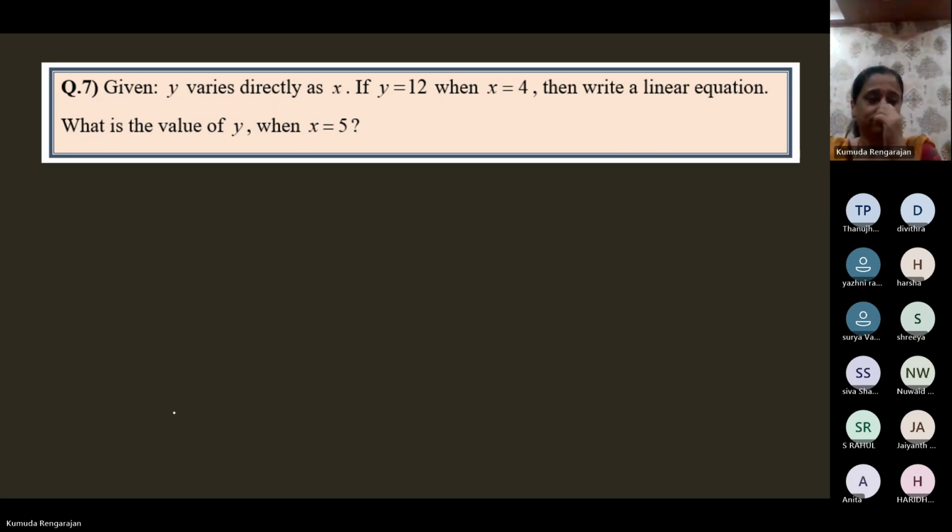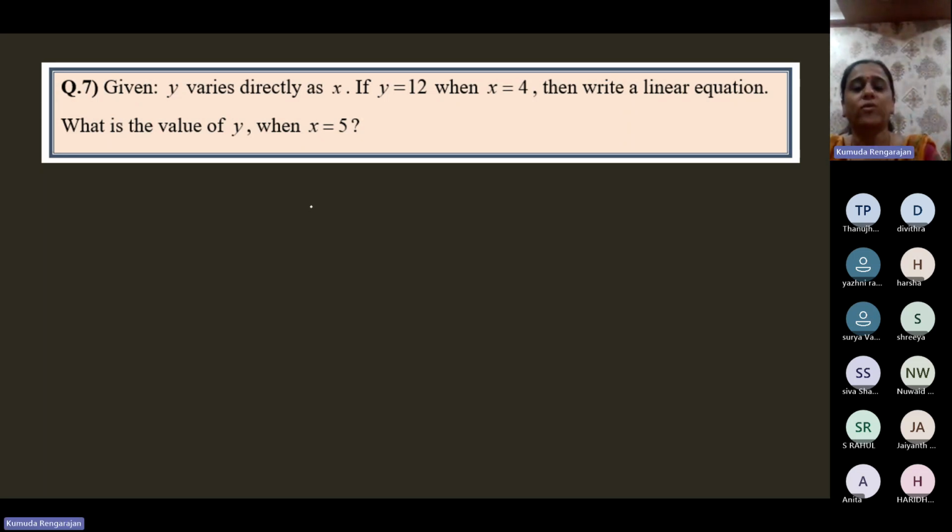Very good. Given y varies directly as x. Okay, so you're given this. Y varies directly as x. That means if x increases, y also will increase. If x decreases, y also decreases.